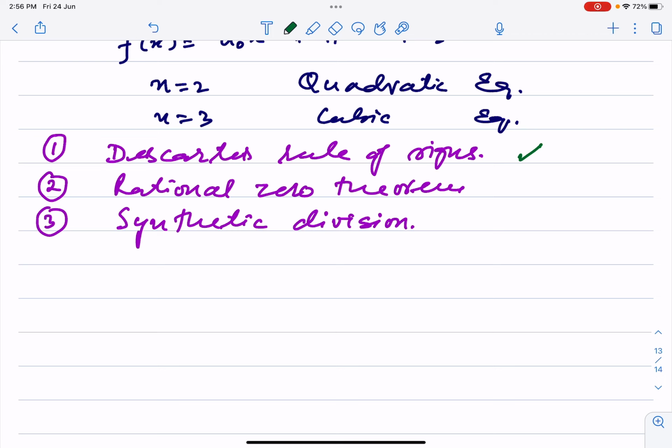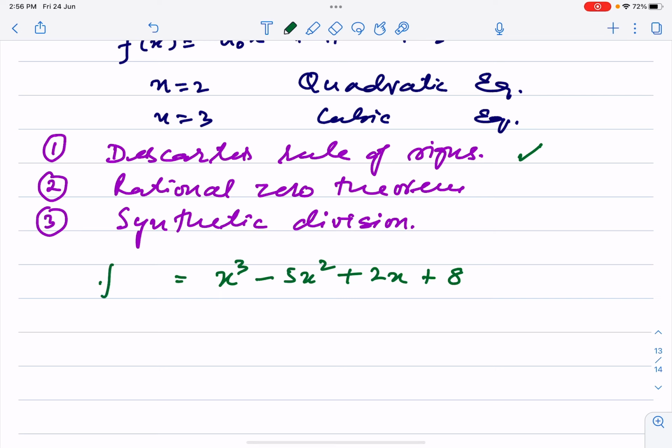Now second is the rational zero theorem. Since we know that the degree of the polynomial function describes the number of roots, how many of these roots are there? Suppose I am taking a cubic equation. Let's take an example. Suppose the equation is x cube minus 5x square plus 2x plus 8.